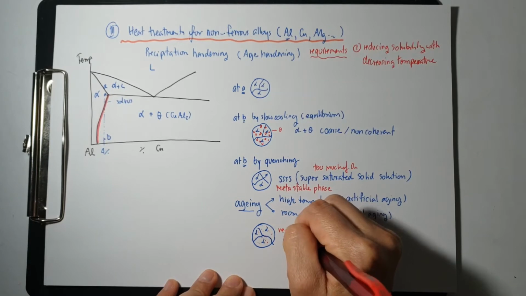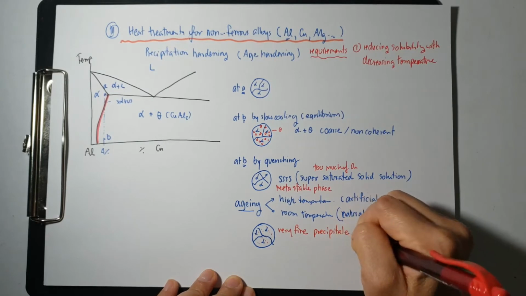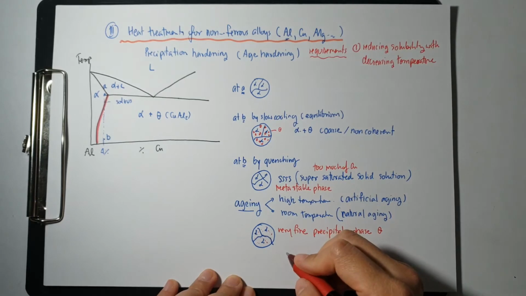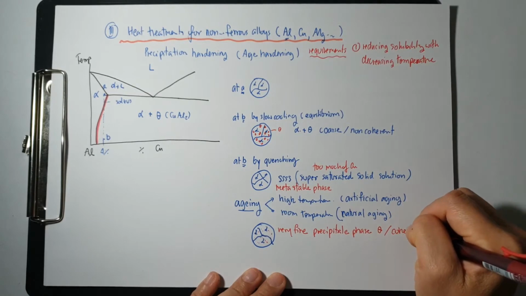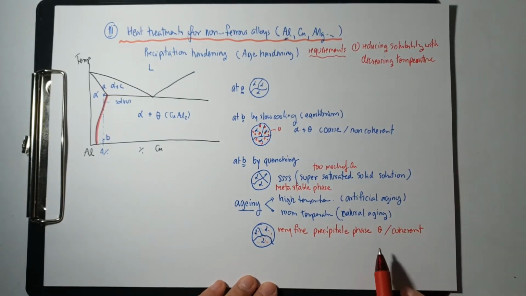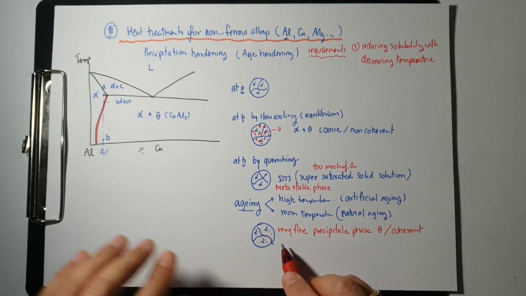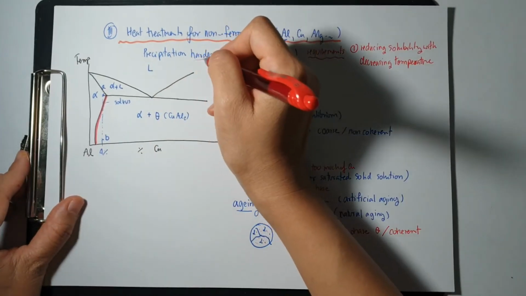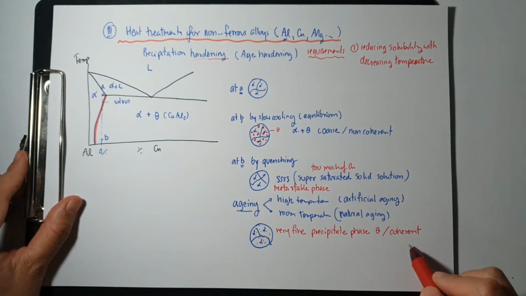Very fine precipitate phase of the zeta phase. And this very fine precipitate phase is also coherent with the matrix. So it contributes to hardness and strength very, very well. So this is the situation that we want for precipitation hardening: the fine precipitate phase that is coherent with the matrix, and the matrix is the alpha phase.